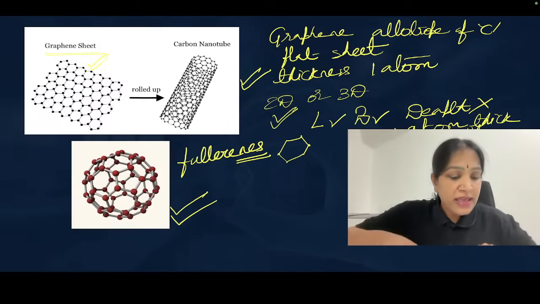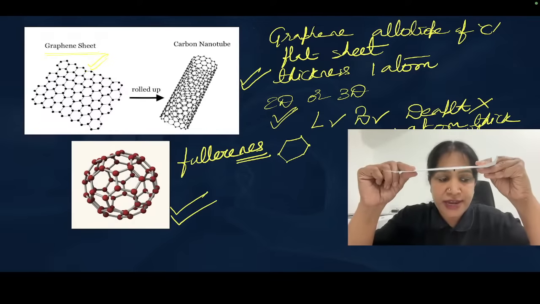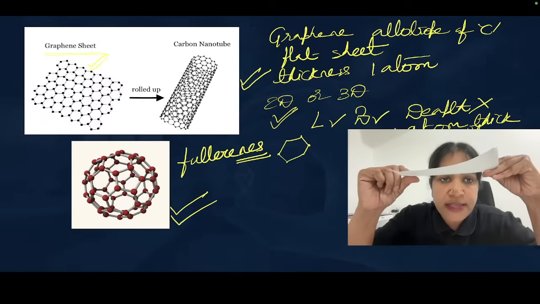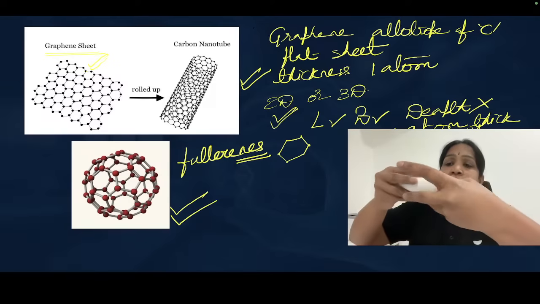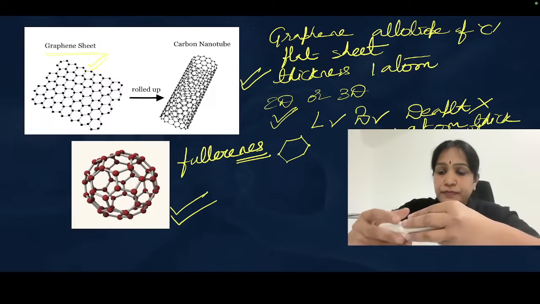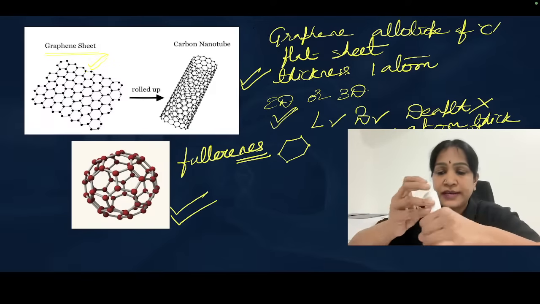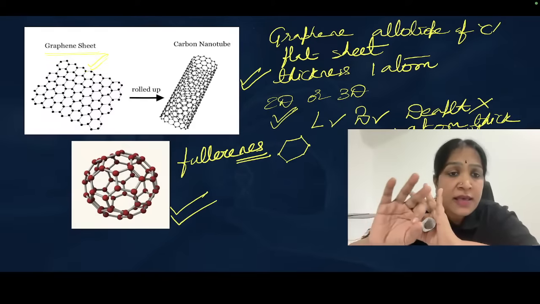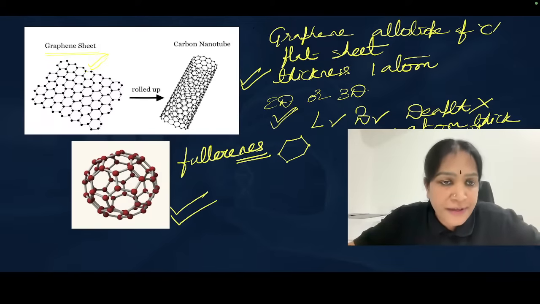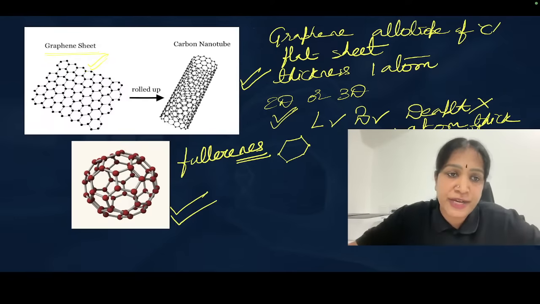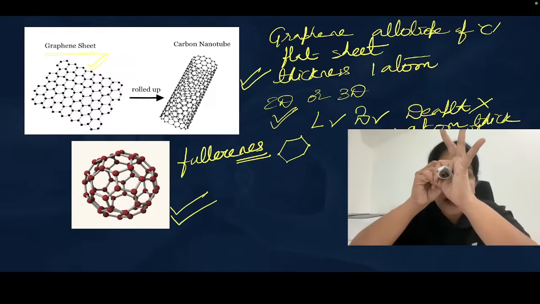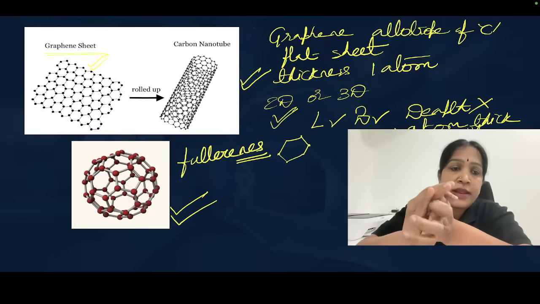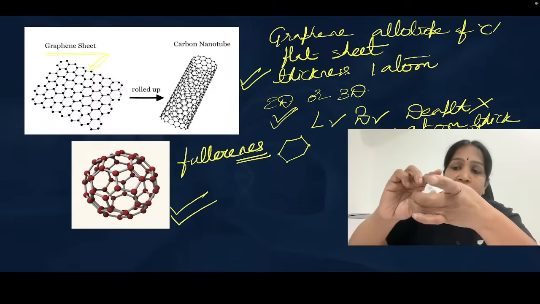If I take this particular sheet and it is flat like this, then it is called graphene. Then if I roll it up like this, then it is called a fullerene. It means any configuration other than the flat sheet. It can be a tube like this, or it can be a ball like this.